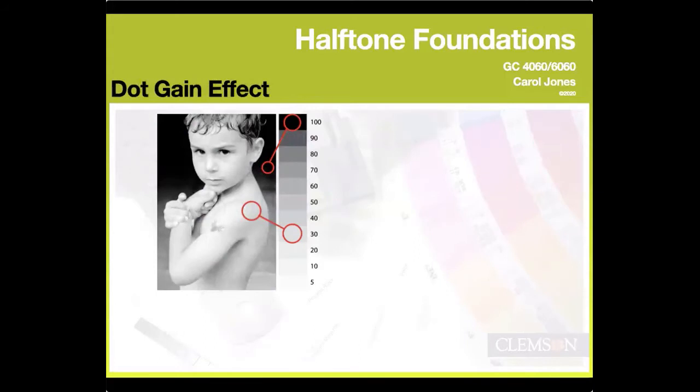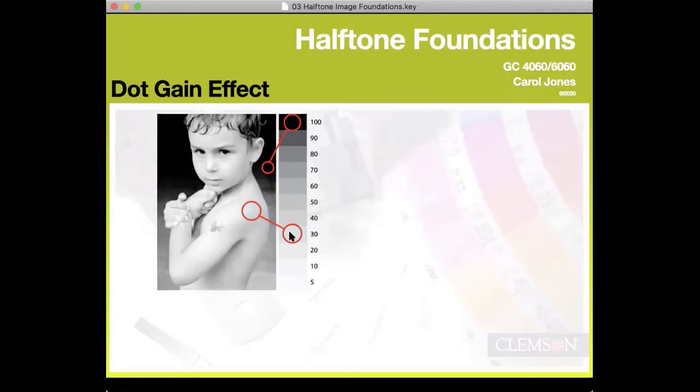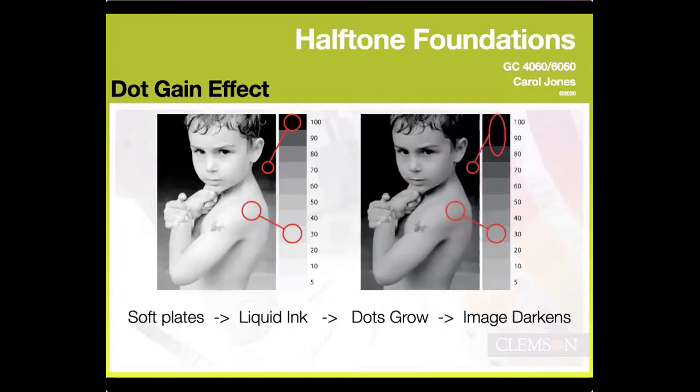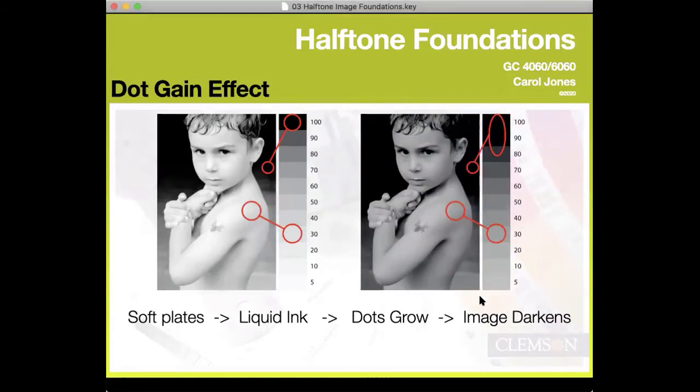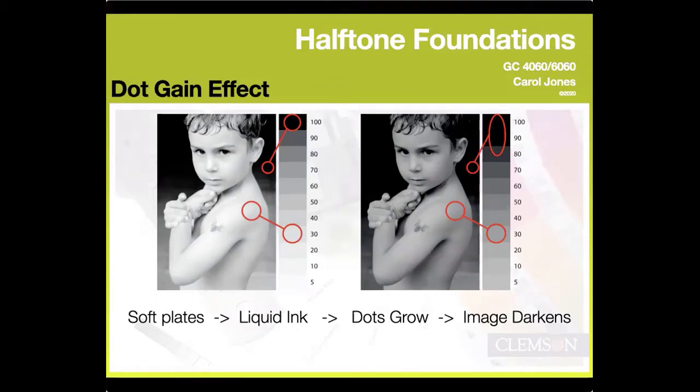So what we're really trying to achieve by analyzing these test images is seeing what happens to these tones. When we're reproducing this image, if we put a 30% in, we'd like to see a 30% print on the end. But realistically, we get all this dot gain, and specifically in flexo, a lot of times that highlight is nonexistent.